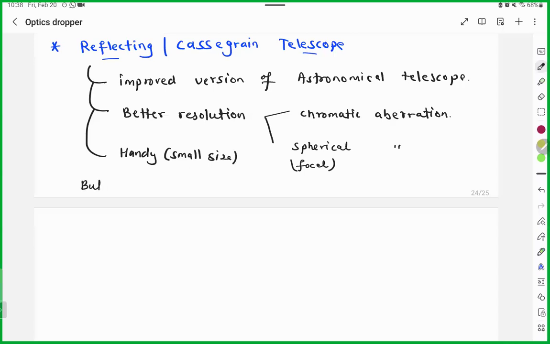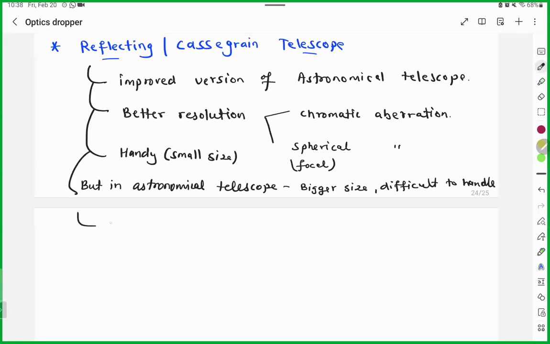But the astronomical telescope is bigger in size, especially the objective lens should be bigger, and difficult to handle. And no doubt the cost: low cost in the case of the Cassegrain telescope because of small size, but high cost in the case of the astronomical telescope.